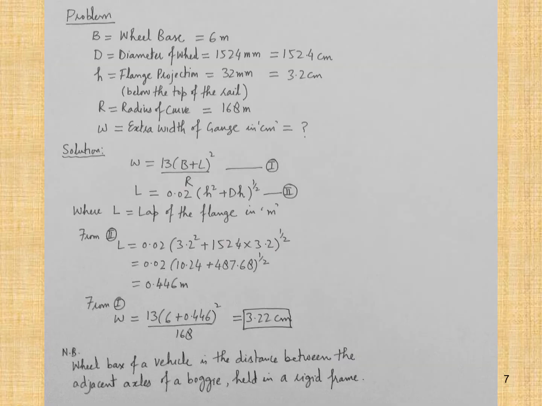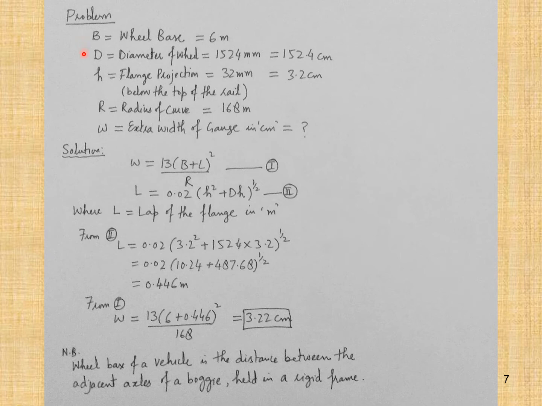So on this particular slide you would find the solution of this problem. Well, here the wheelbase is given, that is 6 meter. And what is wheelbase? Wheelbase of a vehicle is the distance between the adjacent axles of a bogie held in a rigid frame. So that is given, 6 meter.